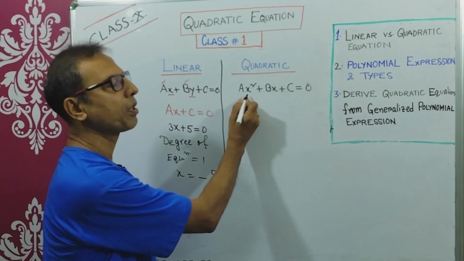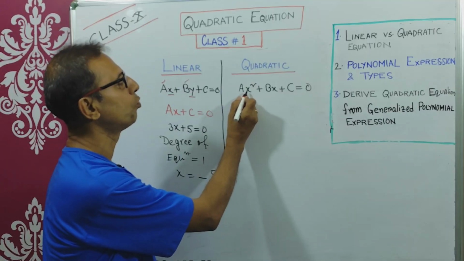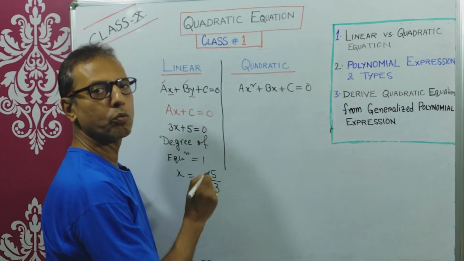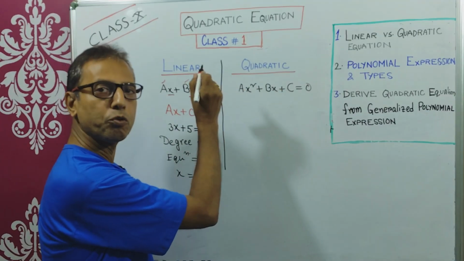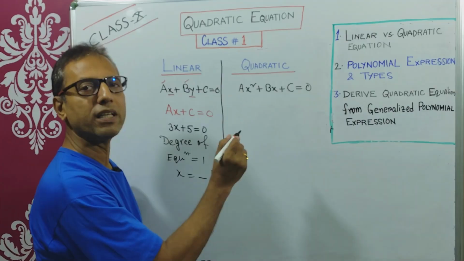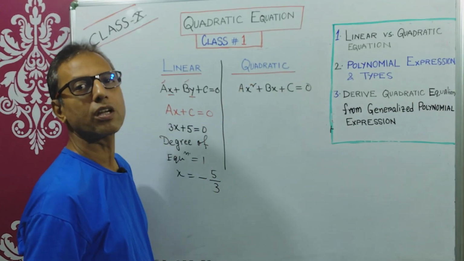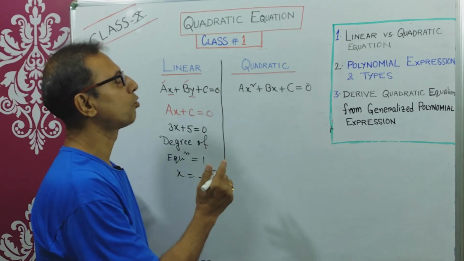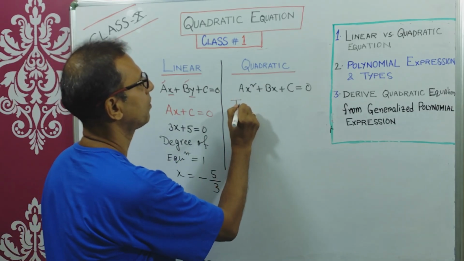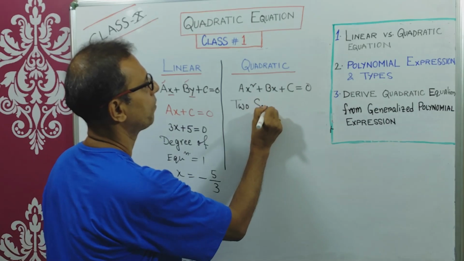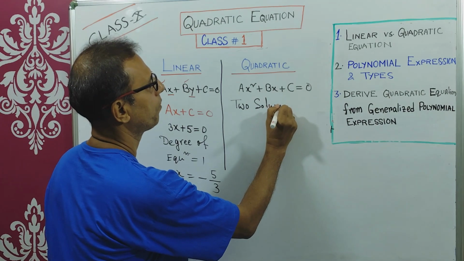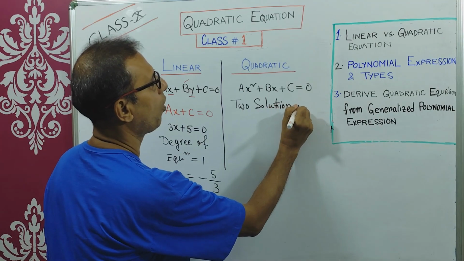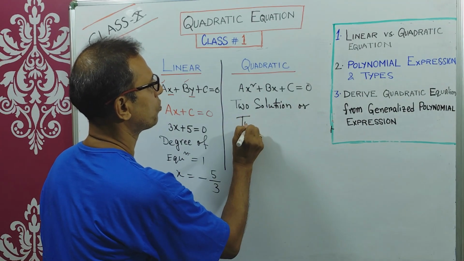So the degree of the equation is 2. When 2 is the maximum power of the variable, you will have 2 solutions of that variable, or you can say 2 roots.